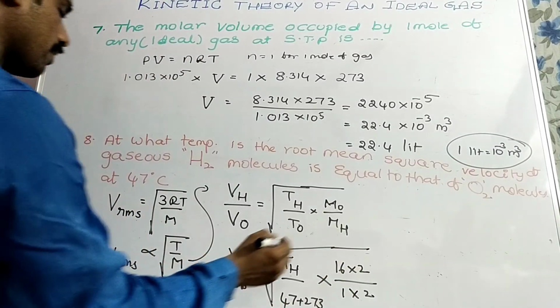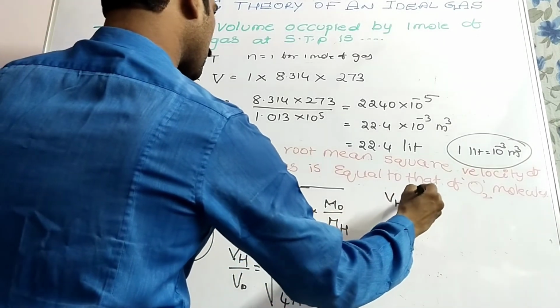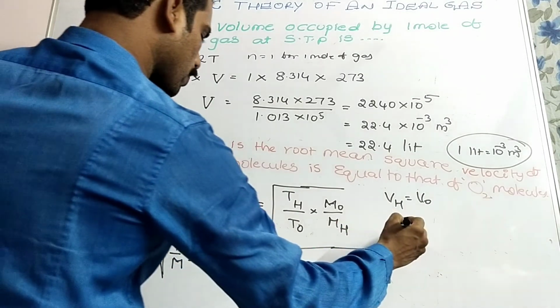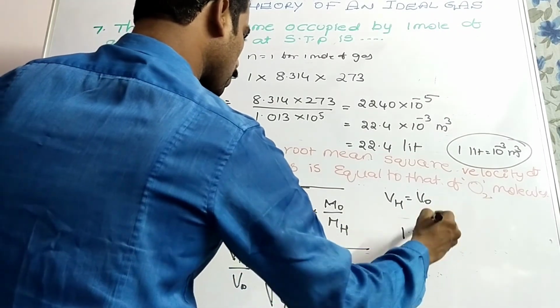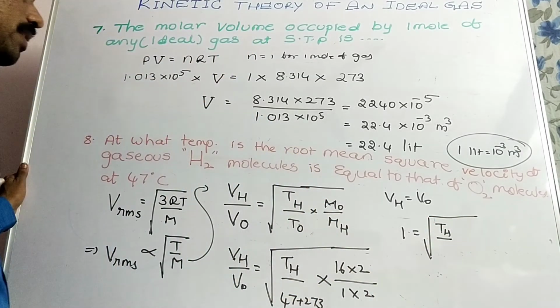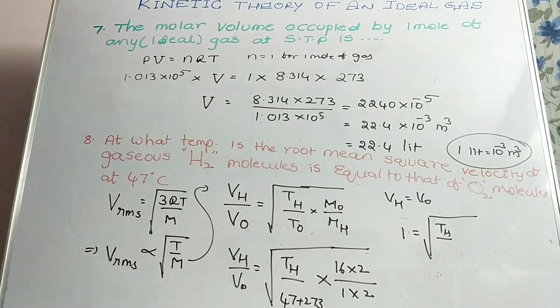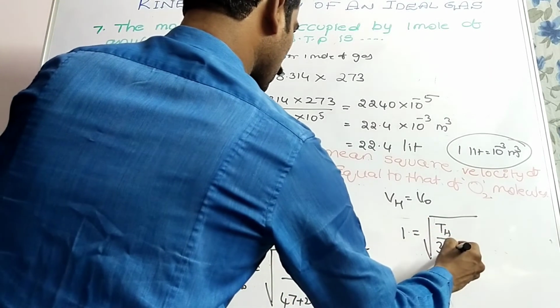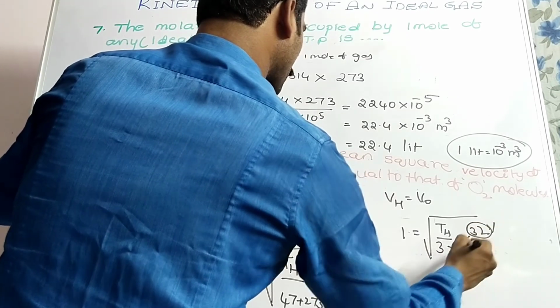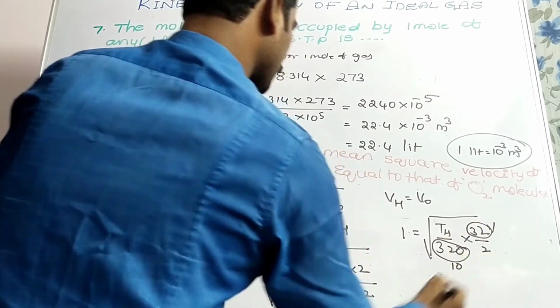And we know that VH is equal to VO, so the ratio VH by VO becomes 1. So 1 is equal to root of TH by 47 plus 273, which is 320, into 32 by 2, so 32 ones, 32 tens.